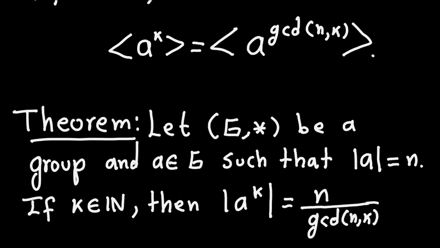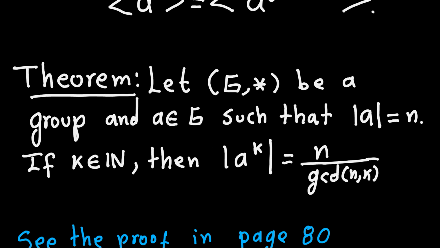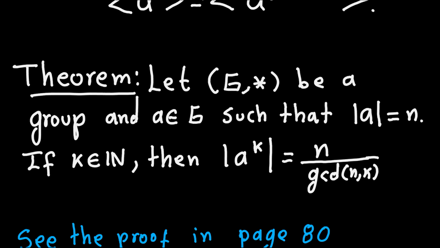Now the second theorem, which is without a proof again, by the reasons I just explained, goes like this. Again, we have a group, and an element a in the group G that has order n. This is going to tell me what is the order of a to the k. We already know that the order of a is n.